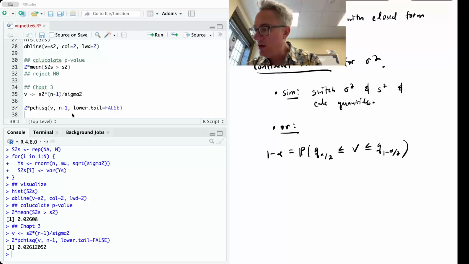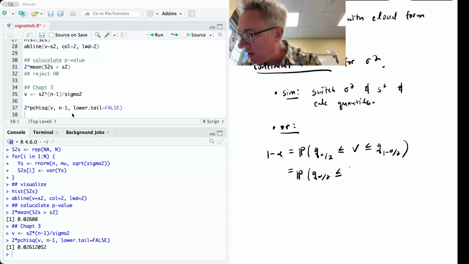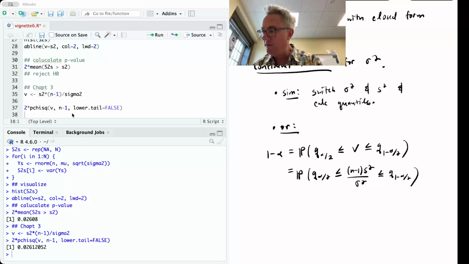Okay, and then I'm going to write my statistic in. So that's n minus 1 times s squared over sigma squared. And then I'm going to flip everything so that the sigma squared is in the numerator and the n minus 1 times s squared is in the denominator of those quantiles. And since I am taking reciprocals, that's going to change the order of things.